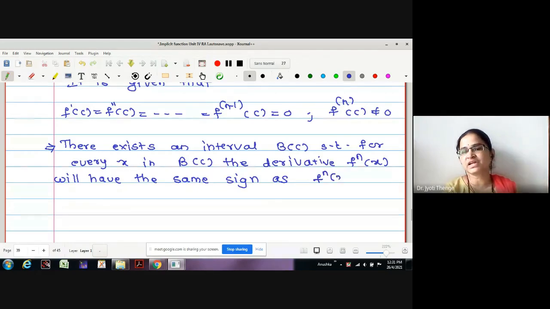Same sign means if it is non-negative, it will be non-negative, or if it is non-positive, it will be non-positive.